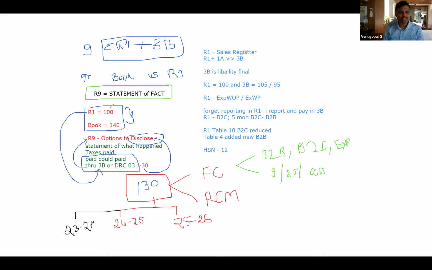This 100 rupees, where I said R1 and 3B are matching, could have been paid in 23-24. How can someone pay a liability of 24-25 earlier? Who knows? In the month of March, in 3B, I may have erroneously paid more tax.